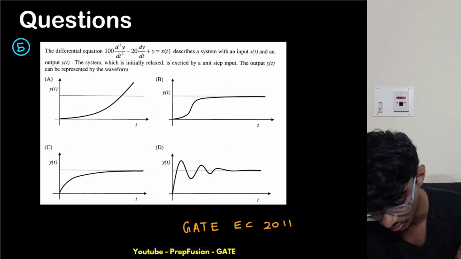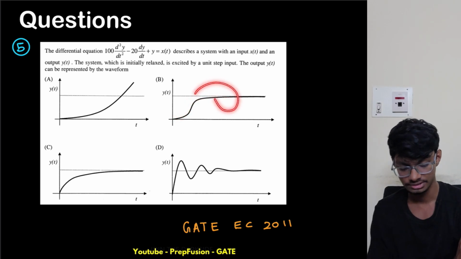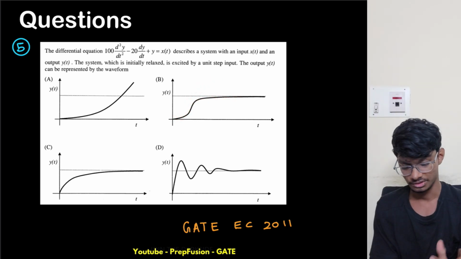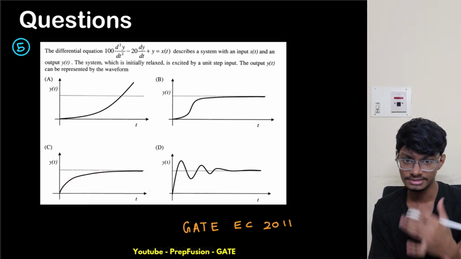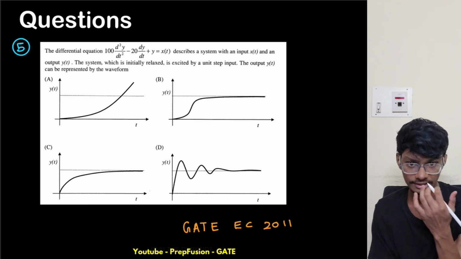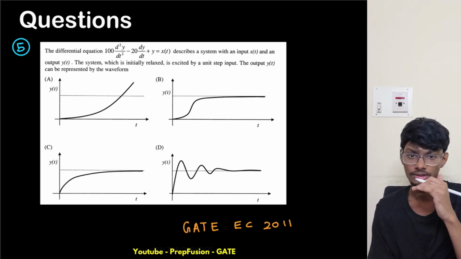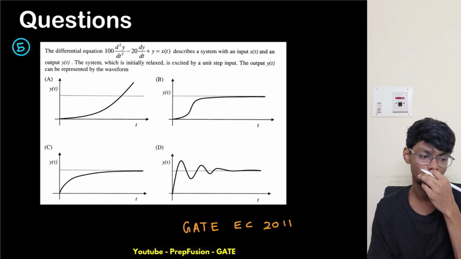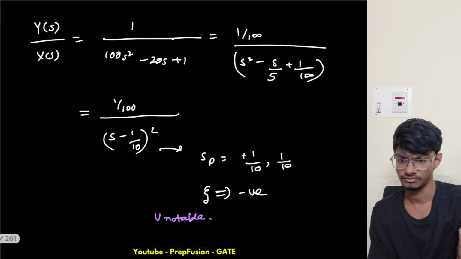I can't visually tell exactly, but whichever reaches steady state much faster will be my critical damped, with no oscillation, and whichever reaches steady state slower will be my overdamped, which also doesn't have any oscillations. So that was basically it for this question.